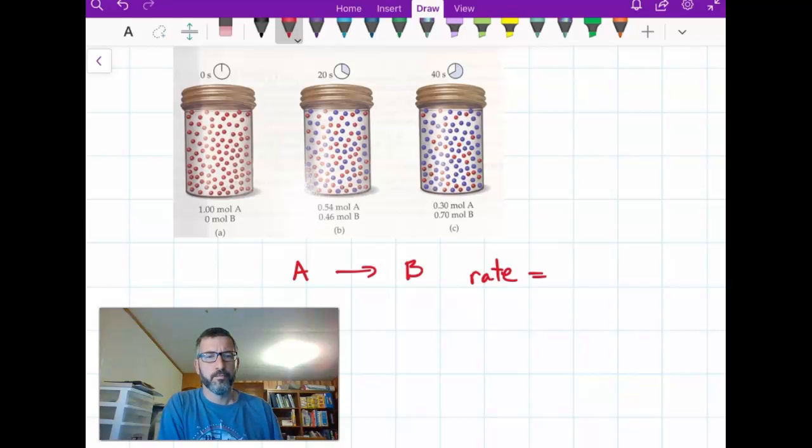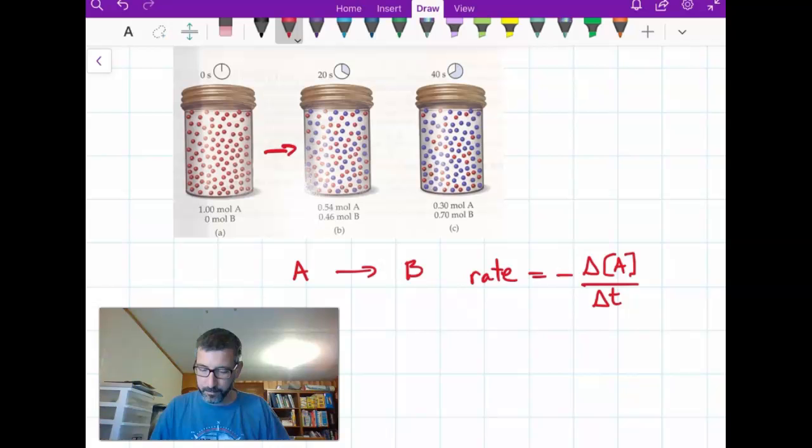So what are we going to have to remember to do? Reactants are always going to be going down, right? So we're going to have to put a negative sign out in front. So we're going to take the negative of our change in concentration of A over change in time, all right?